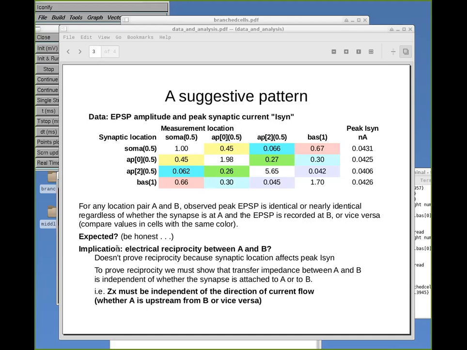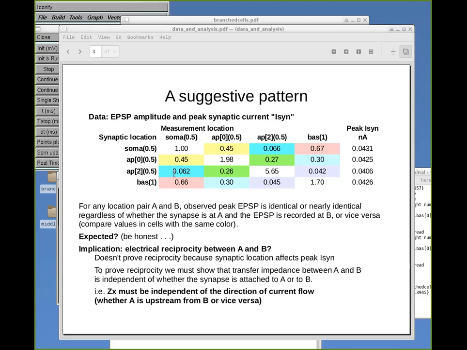All right. The implication here is still suggesting electrical reciprocity. It doesn't prove reciprocity. Why? Because we're not actually injecting the same synaptic currents, because we know that synaptic current depends on location.